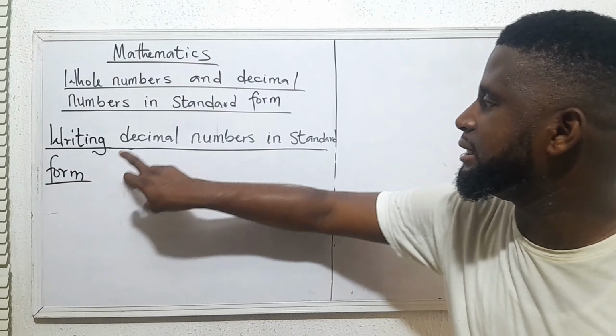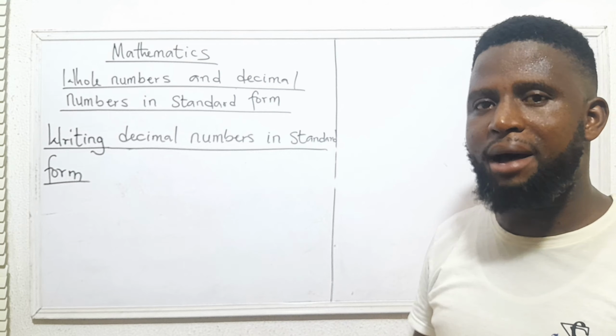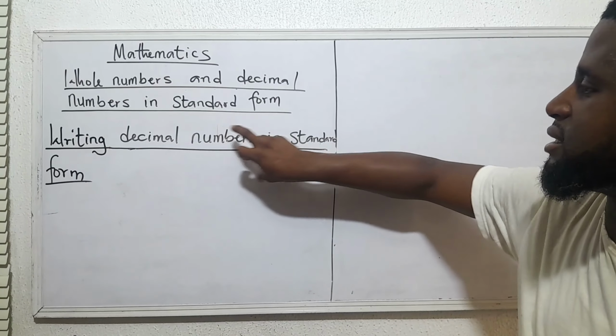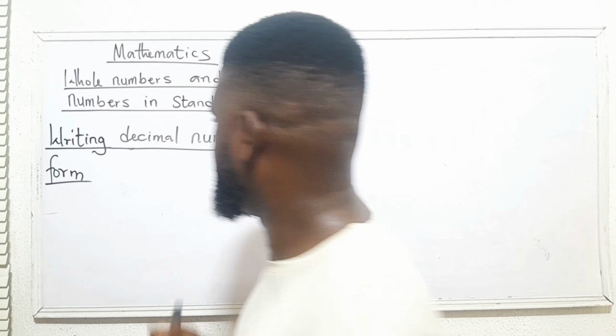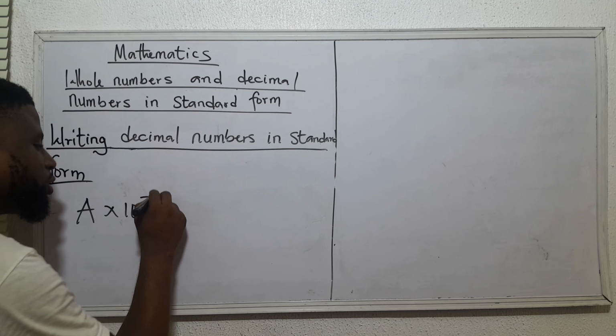Now, writing decimal numbers in standard form. Of course, decimal numbers are fractional numbers. Now, to write decimal numbers in standard form, we also want to express it in the form a times 10 raised to power minus n.